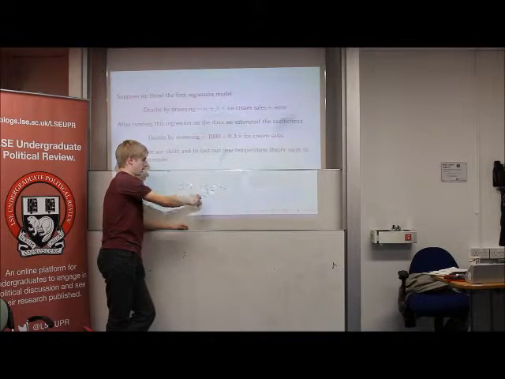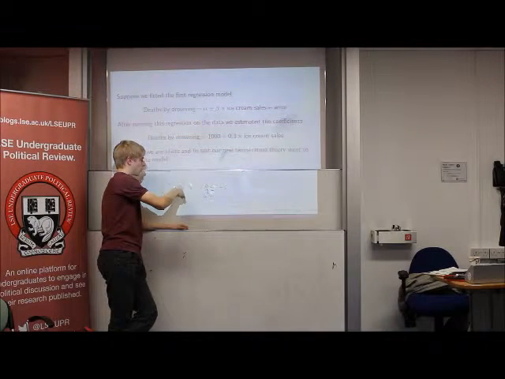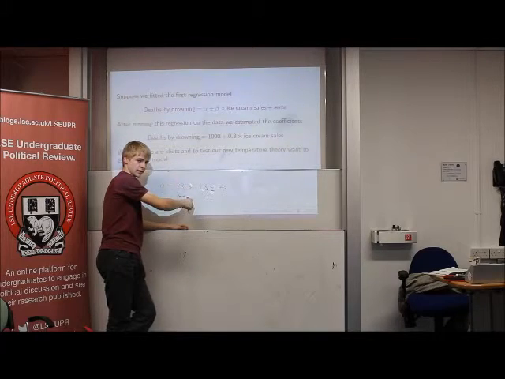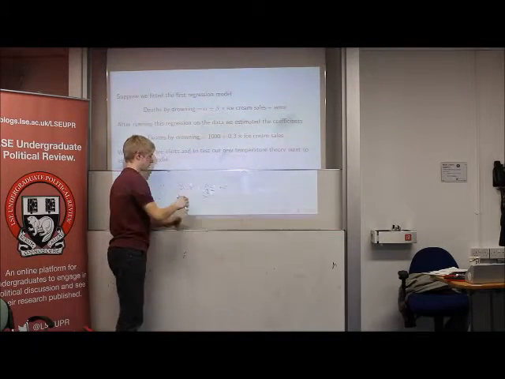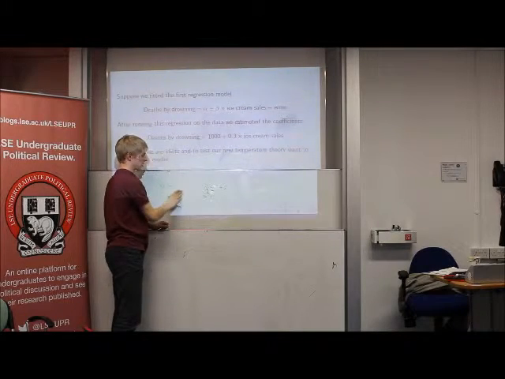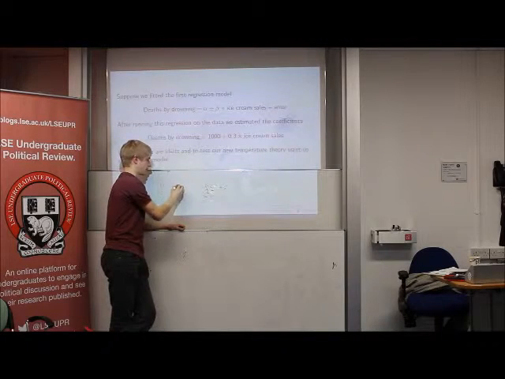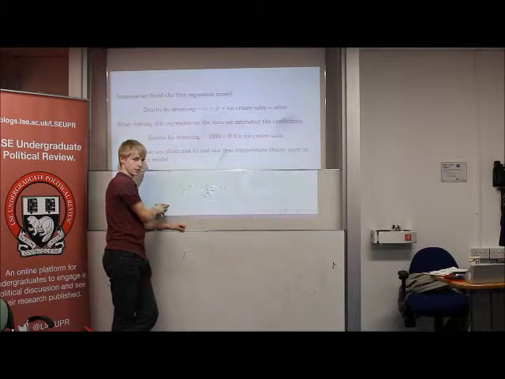So adding z here is equivalent to saying, what is the relationship x has on y removing the effect of z? And similarly, if we just had this, it's what is the effect that z has on y, and then we include this term, and it's what is the effect that z has on y removing x.